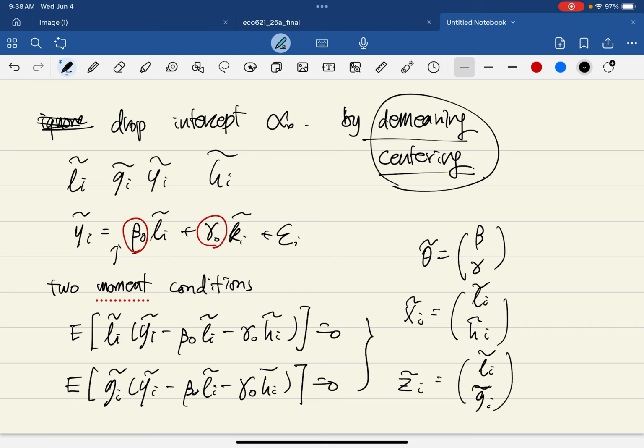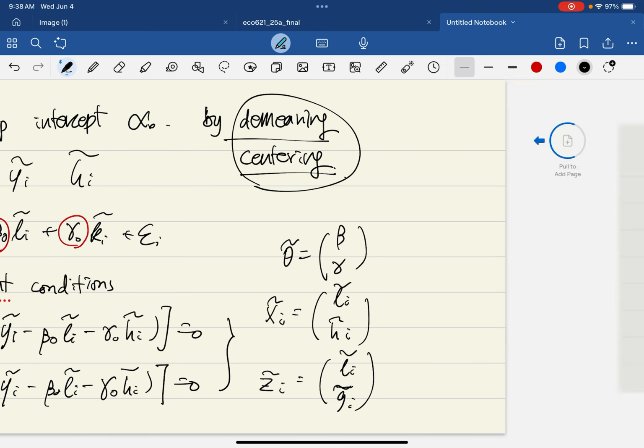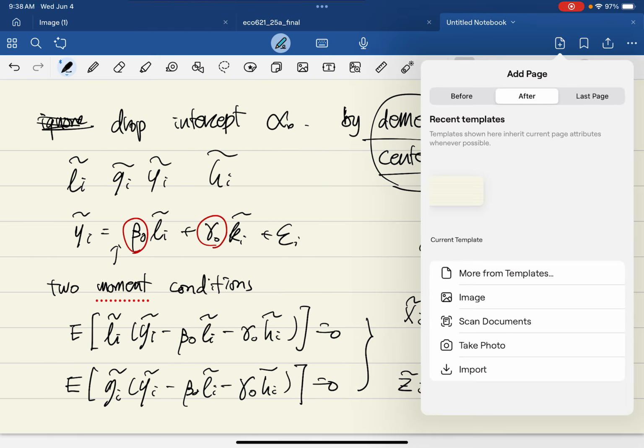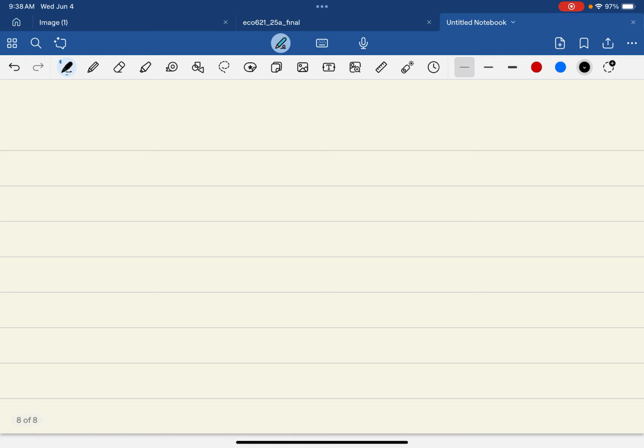Everything is the same, but we just drop the constant term and the intercept. Okay, so the new moment condition can be written as expectation of Zi tilde times Yi minus Xi tilde transpose theta 0 tilde equals 0. Again, let's check the dimension.